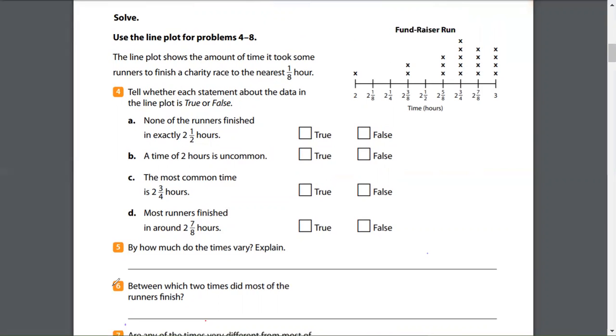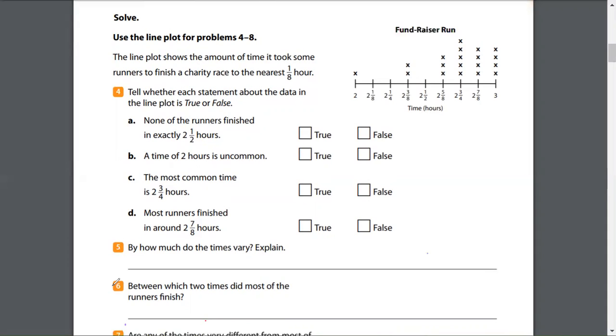So when you look at the plot, the chart, you see you have 2 hours, 2 1/8 hours, 2 1/4, 2 3/8, up to 3. It states, tell whether each statement about the data in the line plot is true or false. So A asks, none of the runners finished in exactly 2.5 hours.